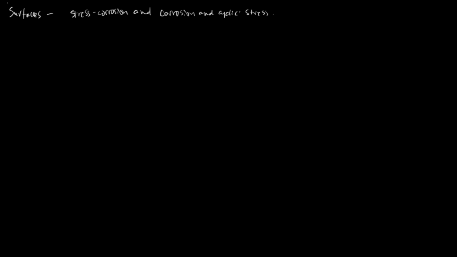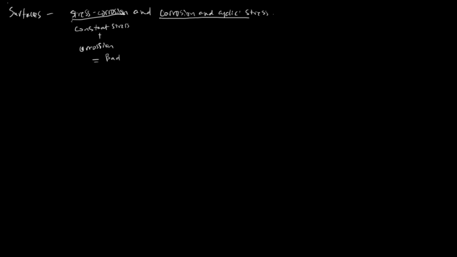The main thing is if we have an applied constant stress in a corrosive environment, then that equals bad, and it equals failure at lower stresses than you might expect.